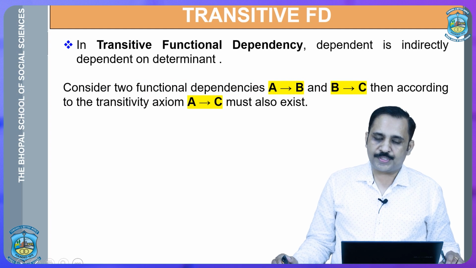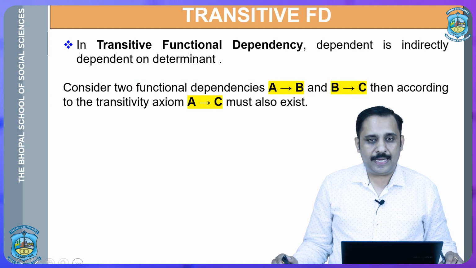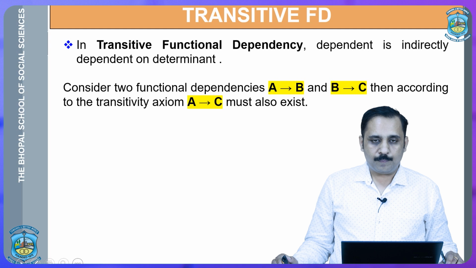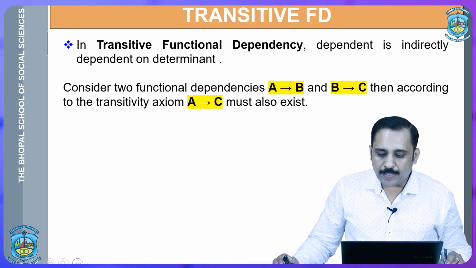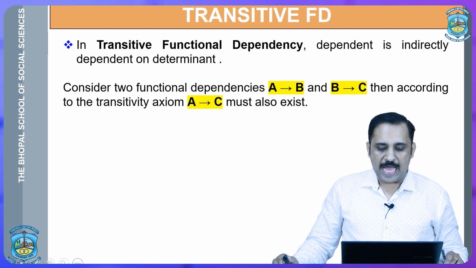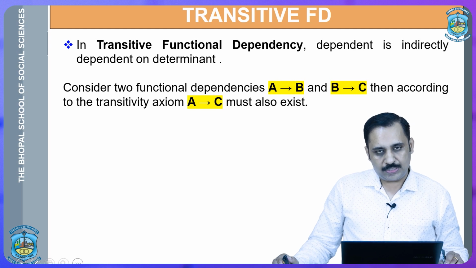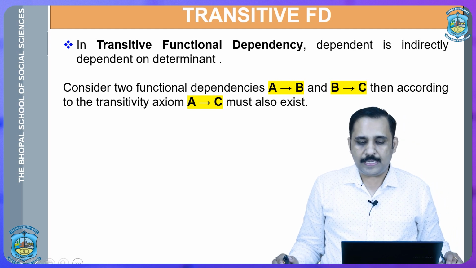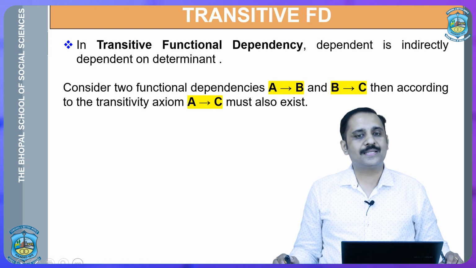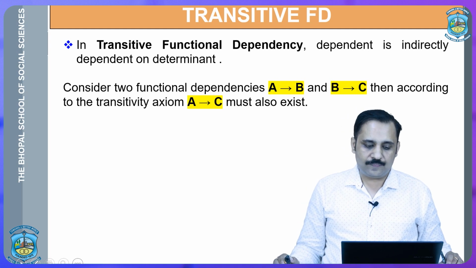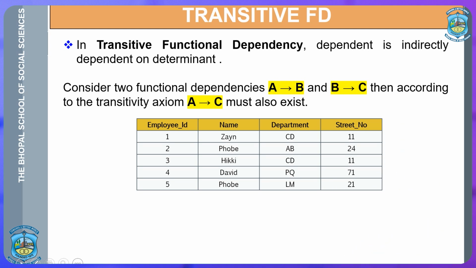If we consider two functional dependencies, first A tends to B, second B tends to C, then according to transitive dependency we skip or omit the common one and we come out to be A tends to C. Here if A tends to B and B tends to C exist, then A tends to C also must exist. This is called transitive functional dependency.